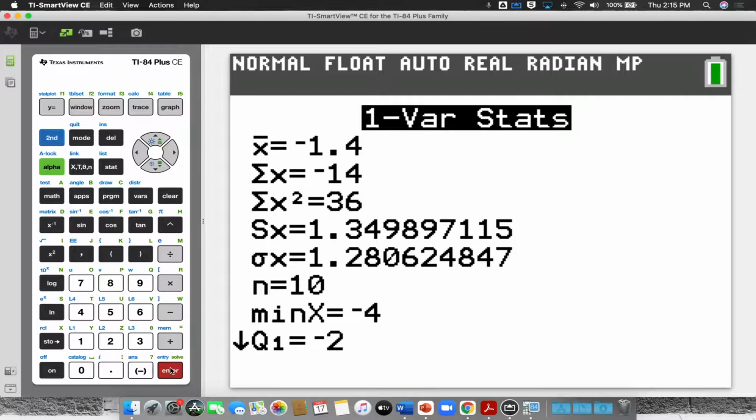The average difference for all 10 of these people is negative 1.4. So out of these guys, the average headache went up for placebo. And then S of X is 1.350. Okay, good.